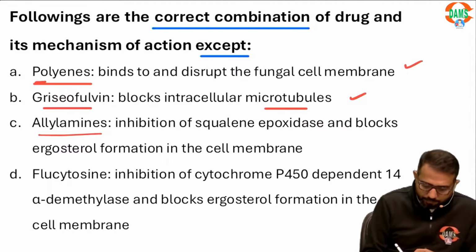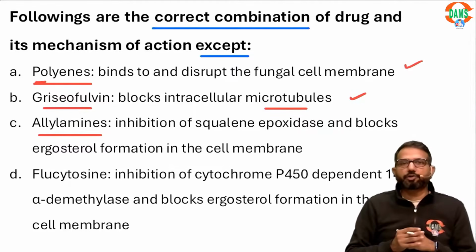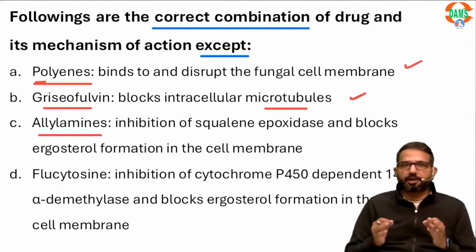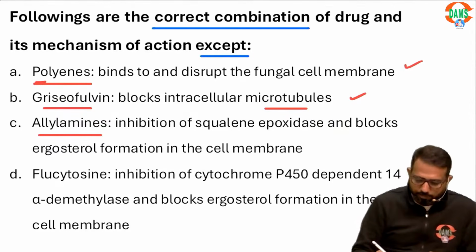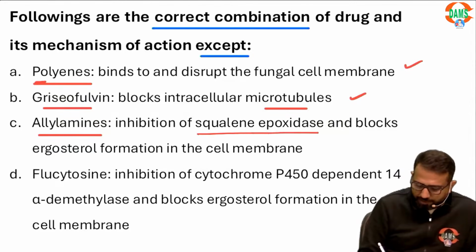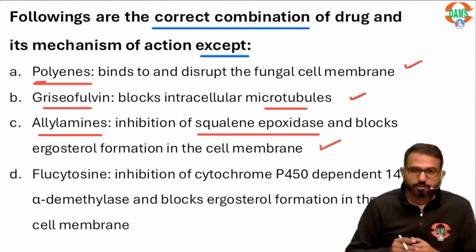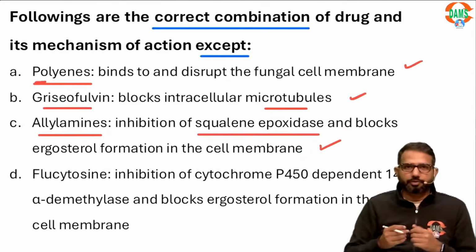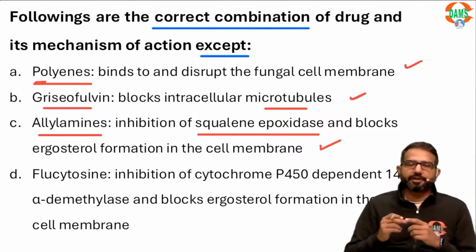Allylamine. Allylamine is the terbinafine drug group. They inhibit ergosterol synthesis by inhibiting squalene epoxidase. That is true. Used for dermatophytosis, nail infections.